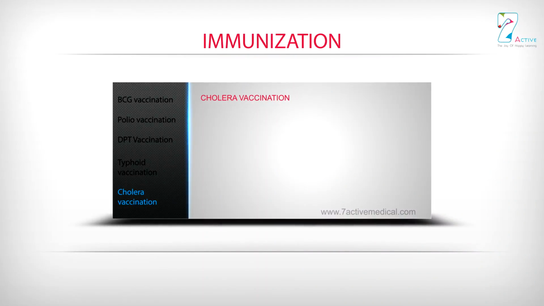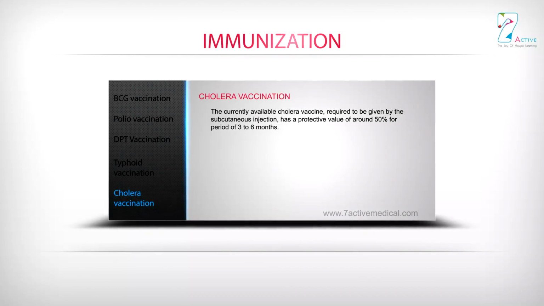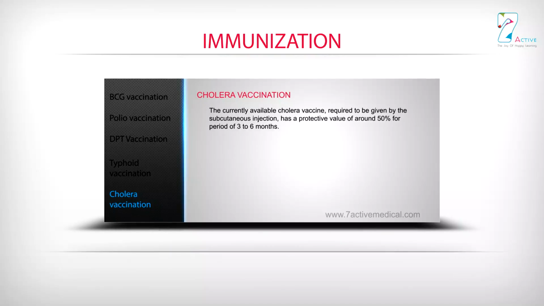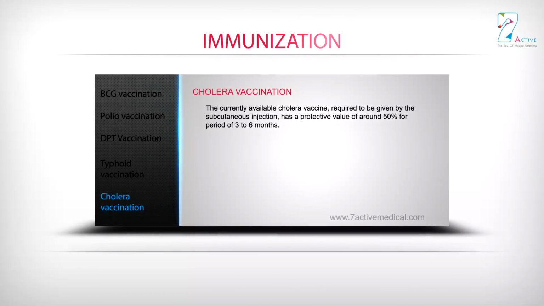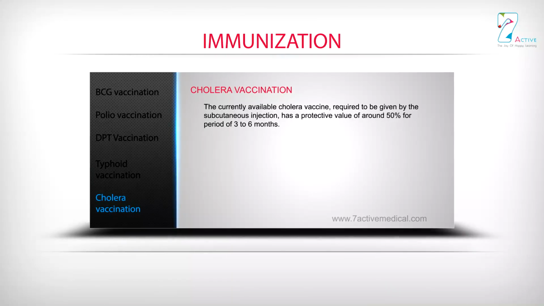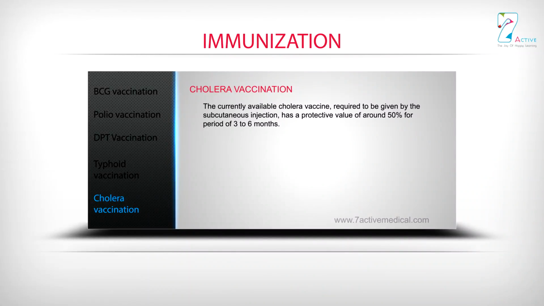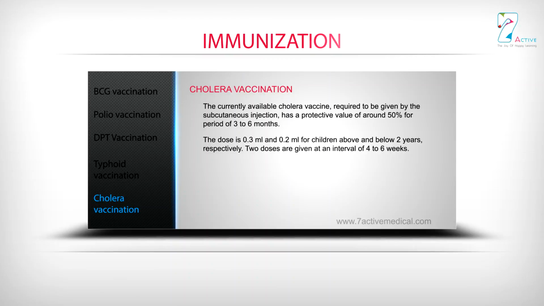Cholera vaccination. The currently available cholera vaccine, required to be given by subcutaneous injection, has a protective value of around 50% for a period of 3 to 6 months. The dose is 0.3 milliliter and 0.2 milliliter for children above and below 2 years, respectively. 2 doses are given at an interval of 4 to 6 weeks.